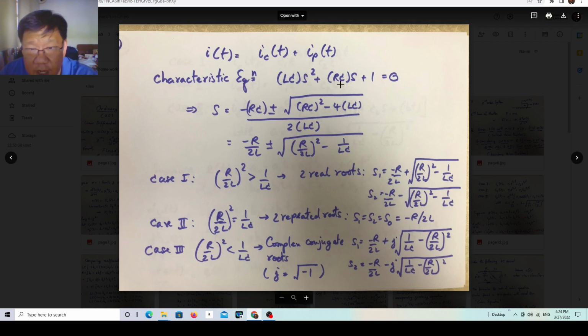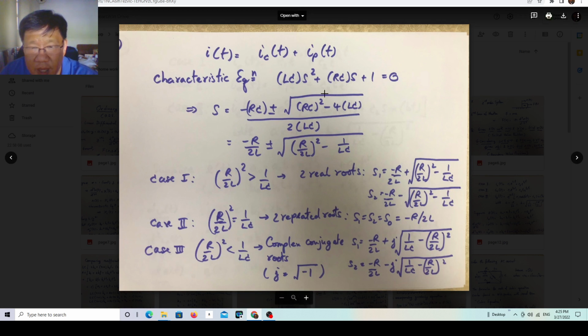For a general quadratic equation, you can easily derive this type of root. You remember ax squared plus bx plus c equal to 0? You get the root of x is minus b plus or minus square root of b squared minus 4ac, divided by 2a.